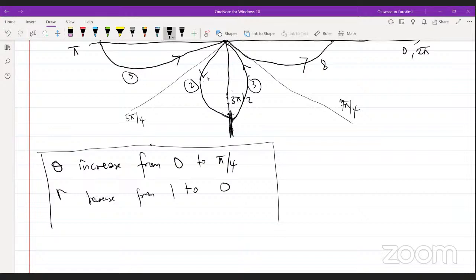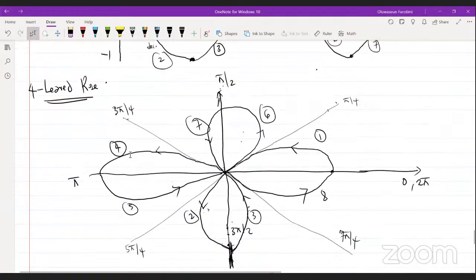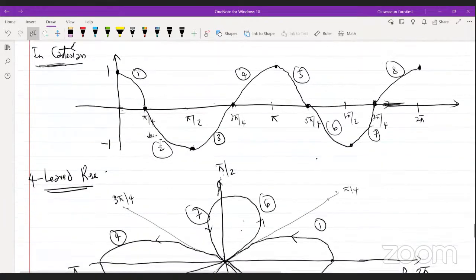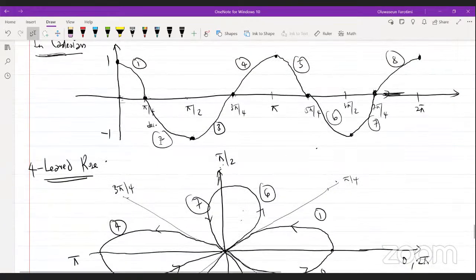And then if you talk about this interval, R goes from 0 to -1. Better still, guys, even to get the angle, sometimes you can use R too. Over here R is 0, R is -1. It tells you it's decreasing. Over here R is -1, you're going to 1. It still tells you increase.